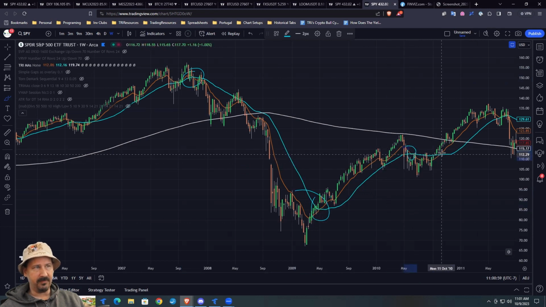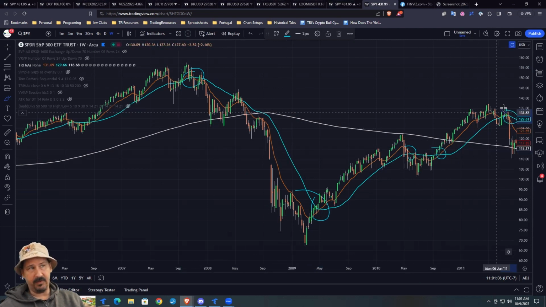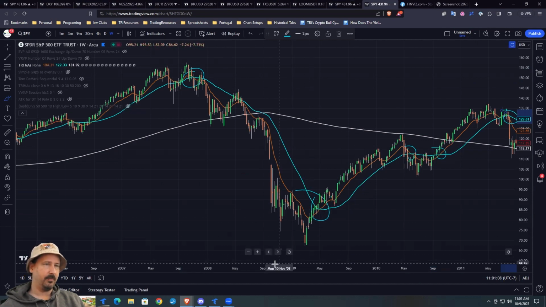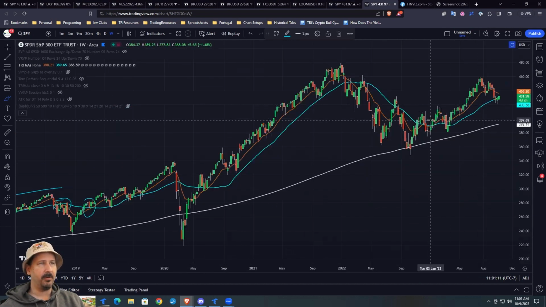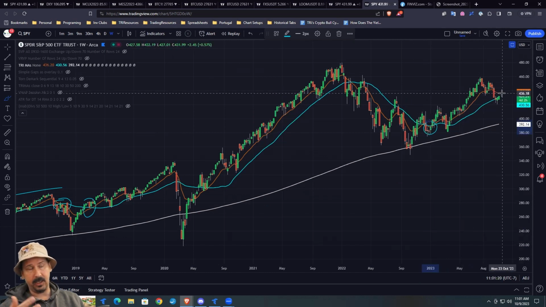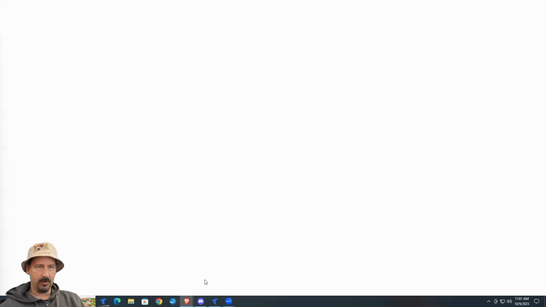Then you hopped off, then you hopped right back on again and captured that move. Then you hopped off, and hopefully you can see how this works. It's pretty straightforward. So what's the signal telling you right now? It actually issued a buy, I guess probably about a year ago, and it's just been working its way up and it's still in a buy.